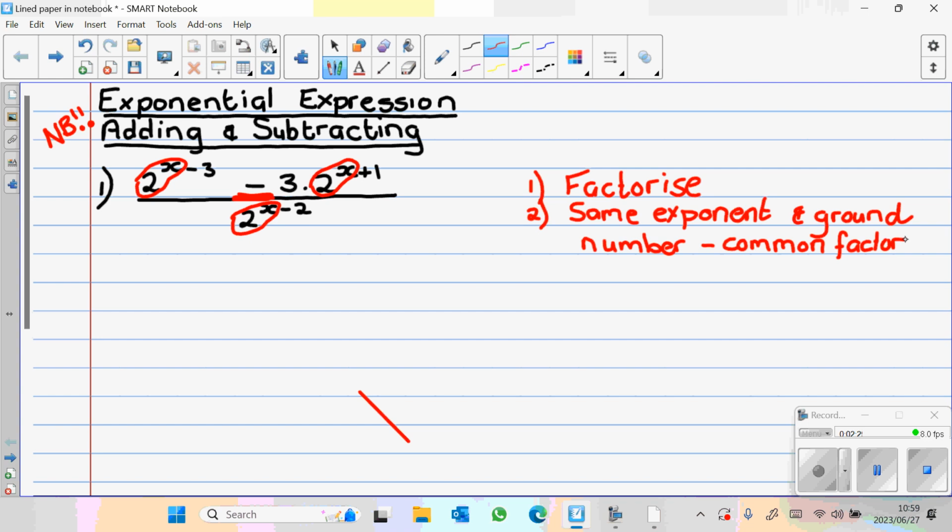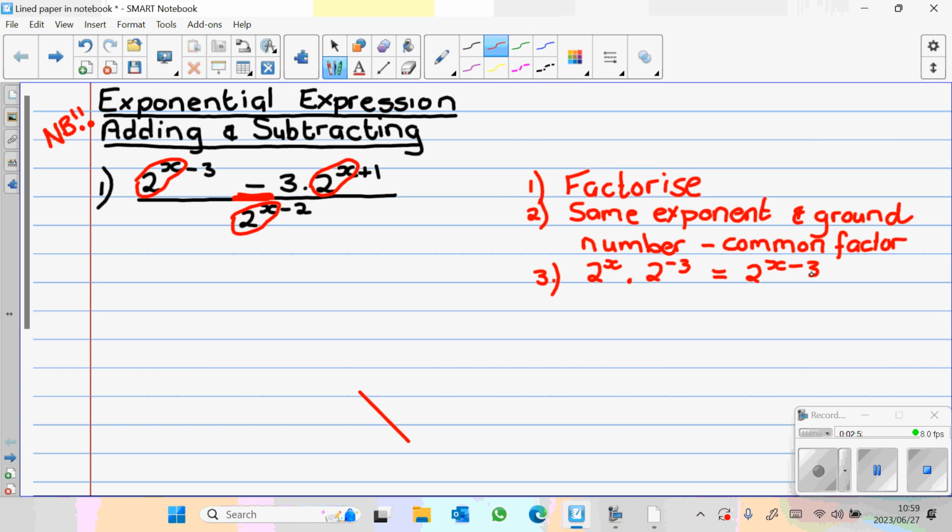So what we had originally was 2 to the power x times 2 to the power minus 3, because that's the only way they could get 2 to the power x minus 3. That was the rule of exponents that we had.